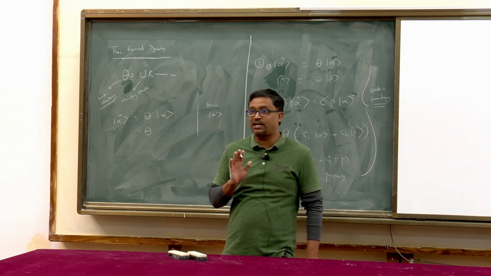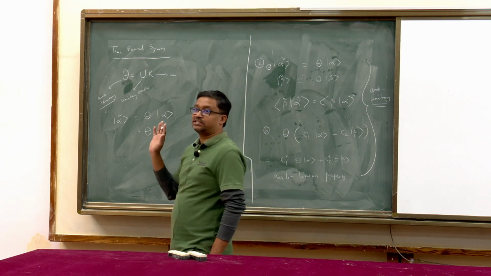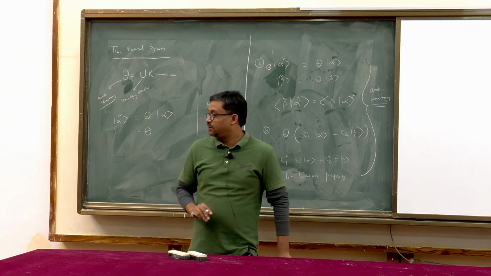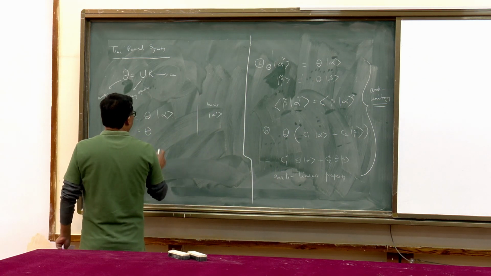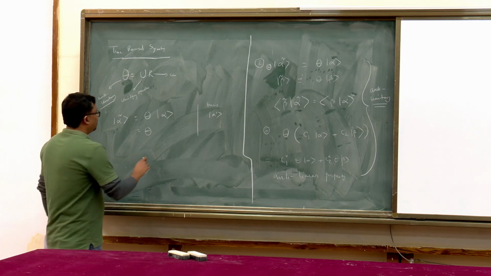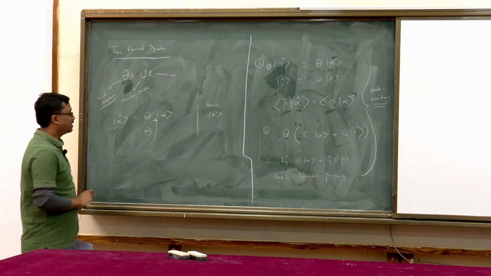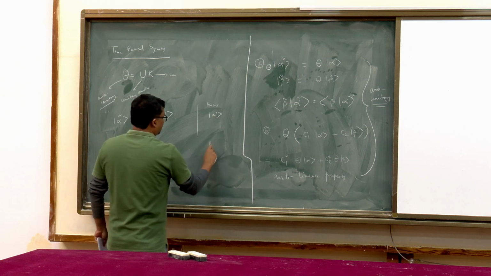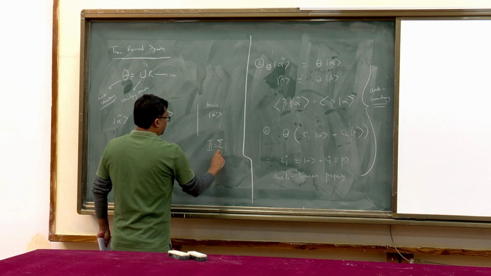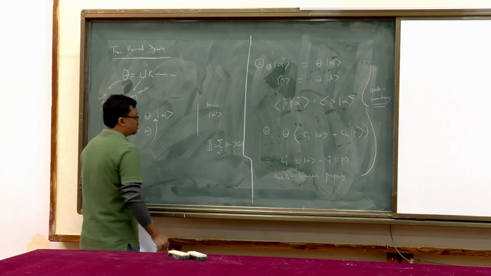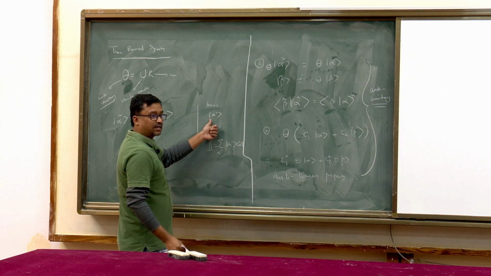If you know that, you can do lots of applications that are out there in papers, books, and so on. For example, when we want to insert a basis, we want to insert an identity operator here. So, the identity operator is the sum of |A prime><A prime|. So, that is an operator. This is a ket.